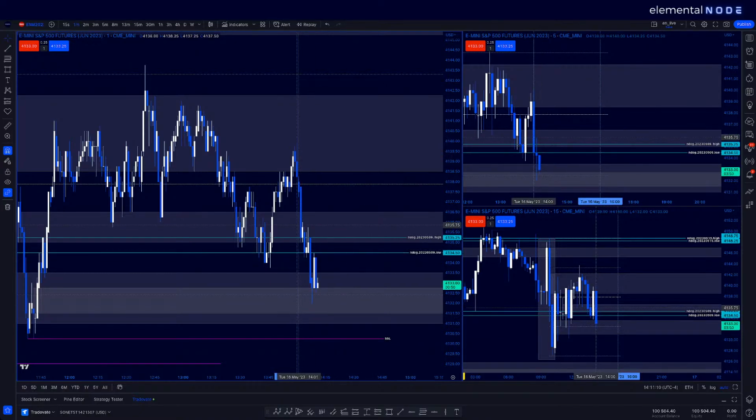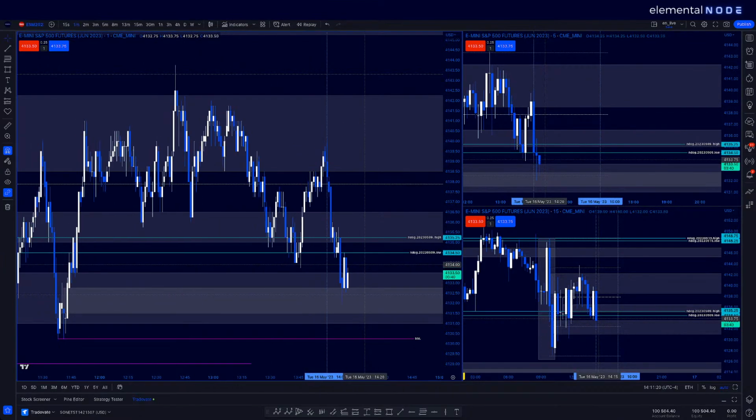Again, I would have kept that position open, but I just don't trust it today. This choppiness, ugly price action that we have is just ugly. Something I don't like. It's not very clear to me.